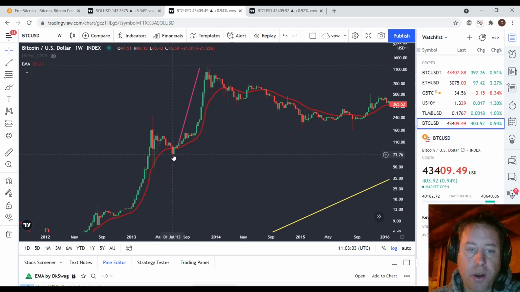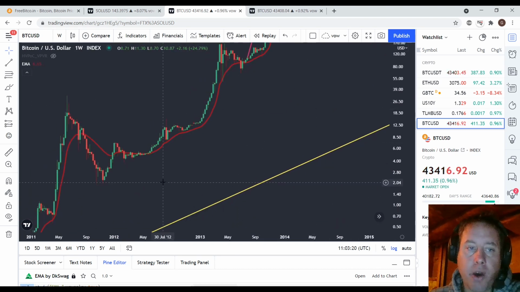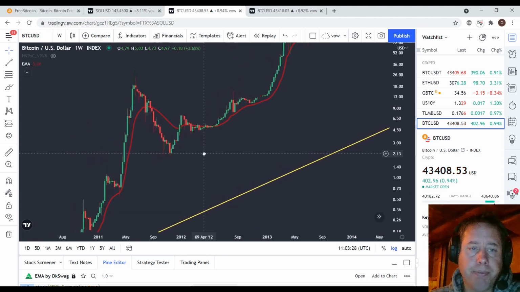There was a weekly close in 2013 underneath the 21 EMA on the weekly, and we did recover and had a huge bull run. So knowing what we know from what we've seen on the adoption rate of Bitcoin and crypto, we are not worried that much at least.